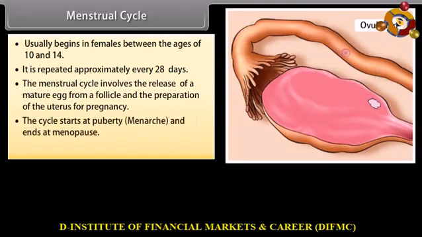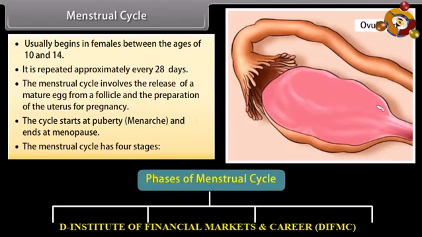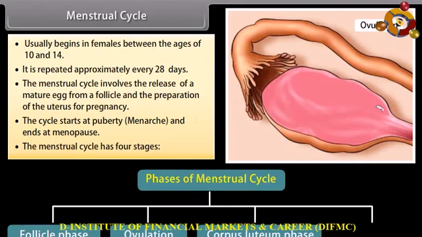The cycle starts at puberty or menarche and ends at menopause. The menstrual cycle has 4 stages. Phases of menstrual cycle: follicle phase, ovulation, corpus luteum phase, menstruation.